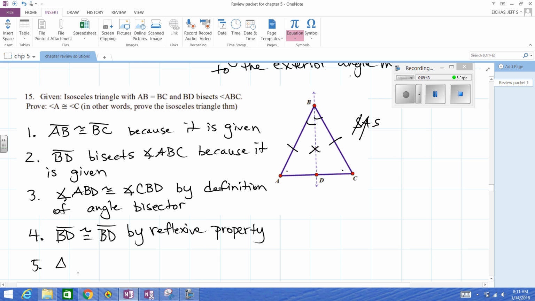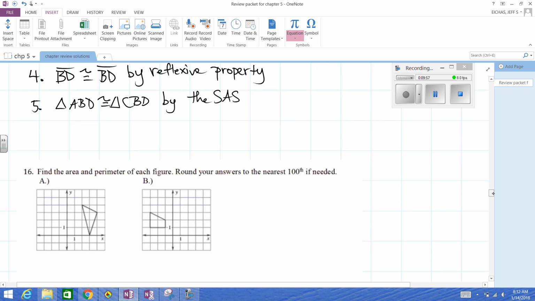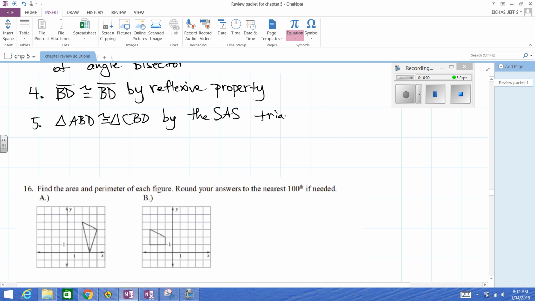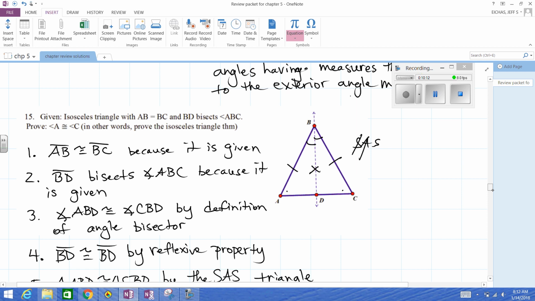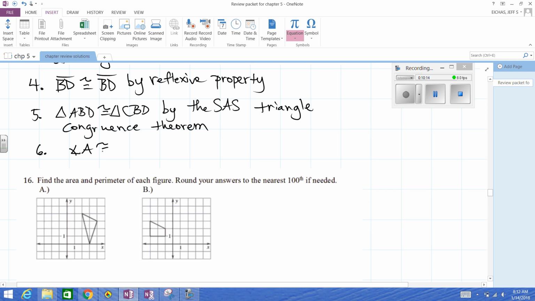And finally we get the triangles the same. Triangle ABD is congruent to triangle CBD by the side angle side triangle congruence theorem. All right. And then 6, angle, what was it again? Angle A, I think. Angle A is congruent to angle C, and that's because of the congruent statement.